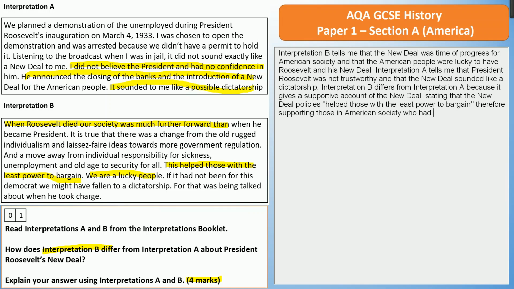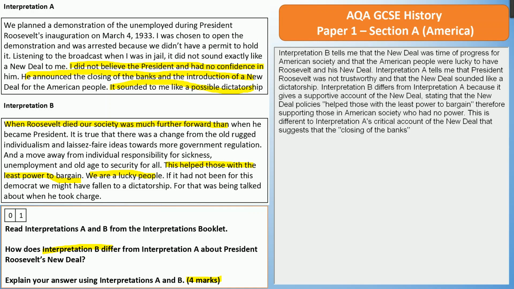This is different to interpretation A's critical account of the New Deal that suggests that the closing of the banks, remember I'm using quotes again, closing of the banks sounded like a possible dictatorship.